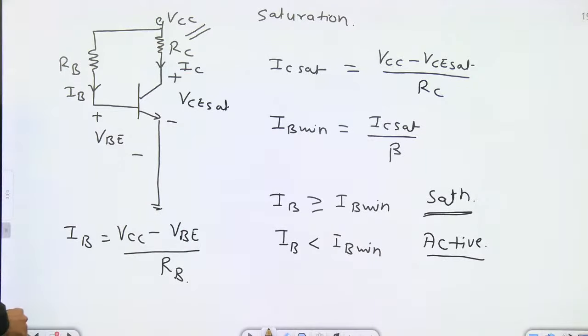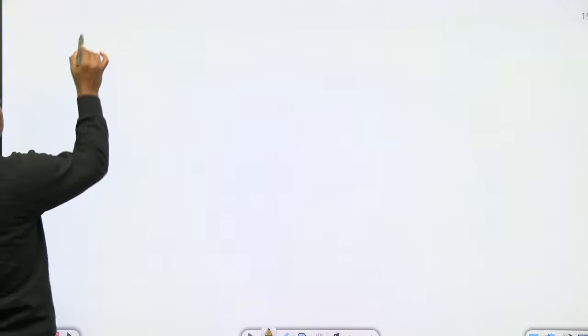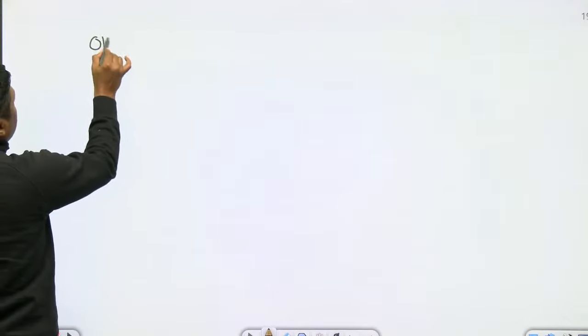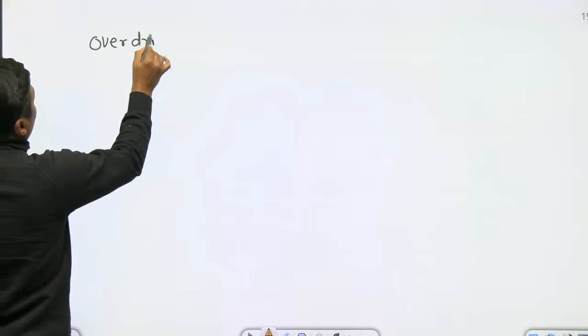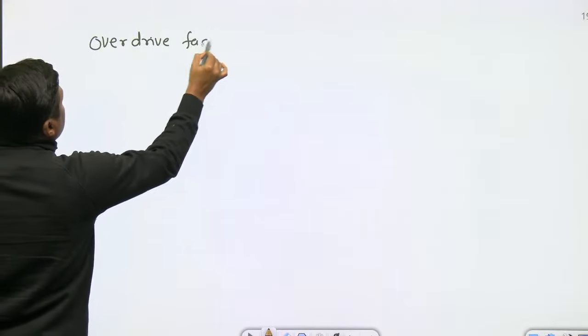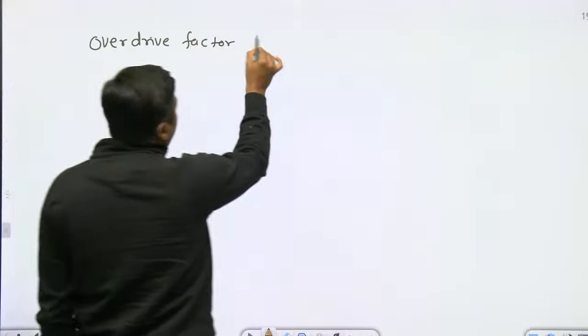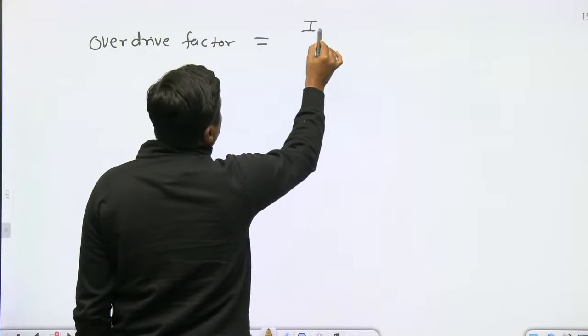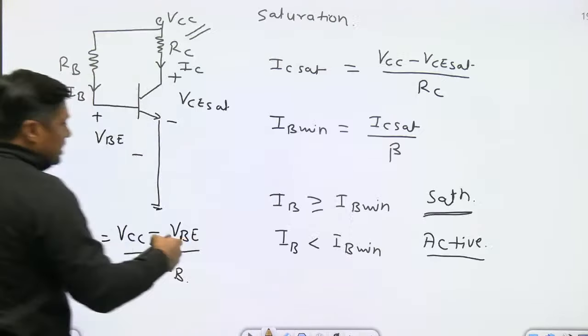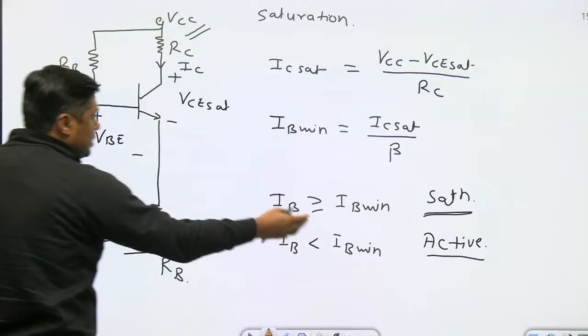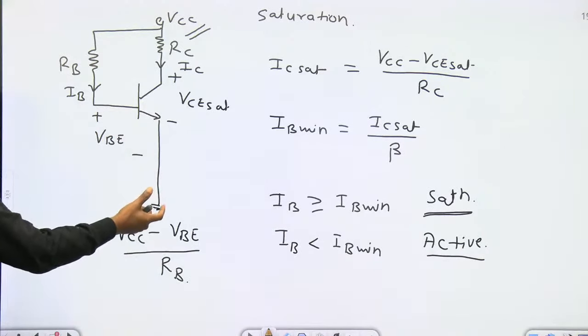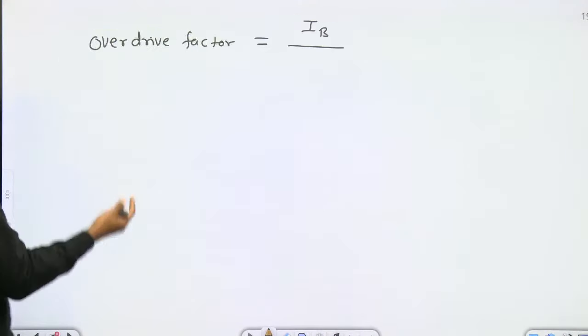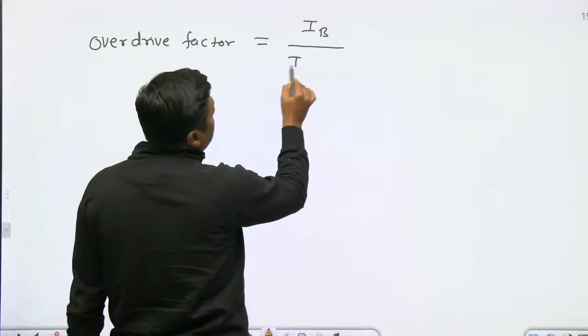Now, remember, once the transistor is in saturation, sometimes they will ask the overdrive factor. Overdrive factor means, if suppose it is in saturation and IB is greater than IB minimum, then definitely the transistor is in saturation. So how many times is it greater than IB minimum?